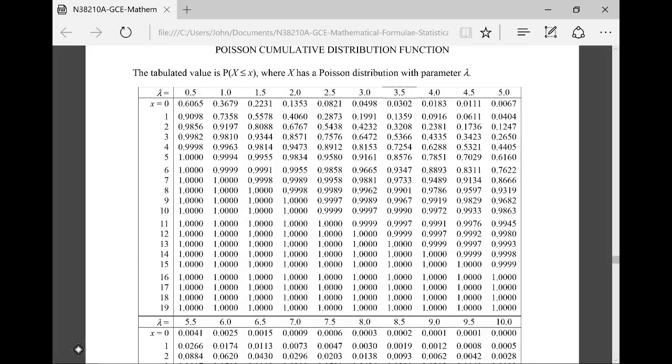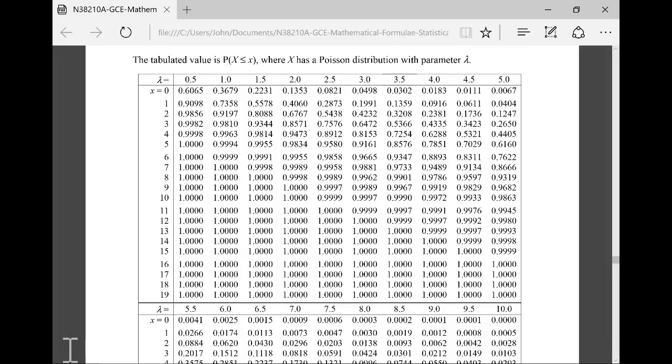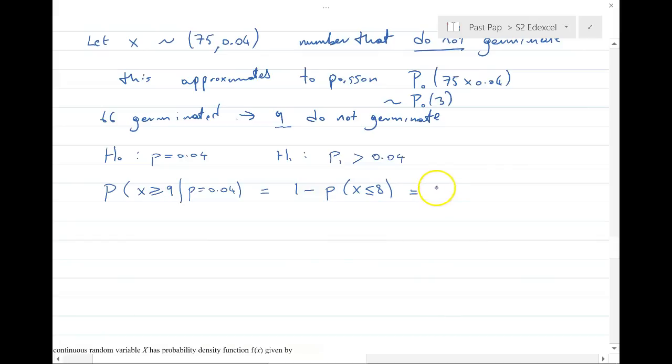So it's Poisson 3 we're looking for, and less than or equal to 8, that's 0.9962. So that's 1 minus 0.9962, which is equal to 0.0038, which is less than 1%. So that means we reject H0.